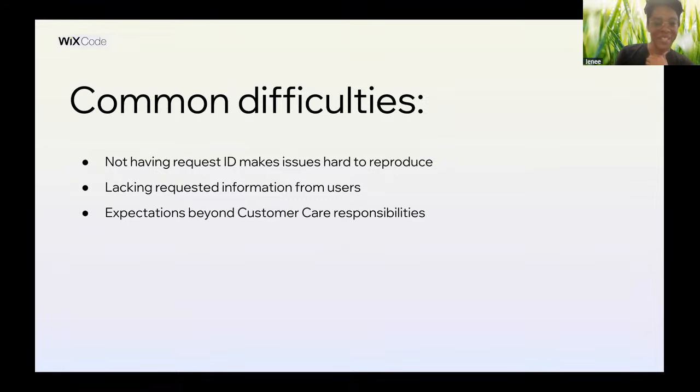Another common difficulty is expectations beyond what our responsibilities are, what we're actually capable of doing. So just making sure we understand the difference between, for example, a code review, right? That's something that we don't necessarily have the resources to do. So things like helping you optimize your code or helping you implement your own custom functionality is not necessarily something we do in support.